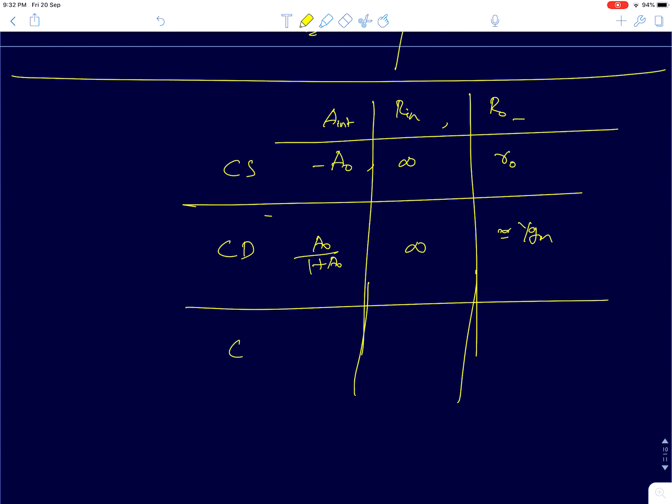And for common gate configuration, the intrinsic gain is 1 plus A0. The input resistance, again it depends upon the load resistance, so approximately we said it is 1/gm plus RL/(gm R0), and the output resistance is actually gm R0 times RS.